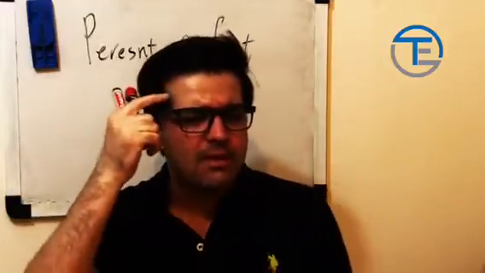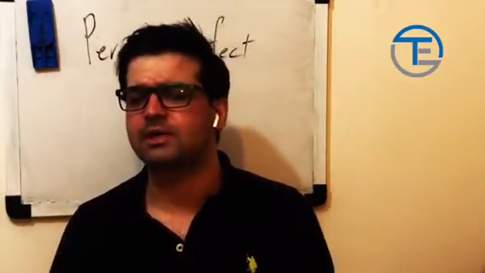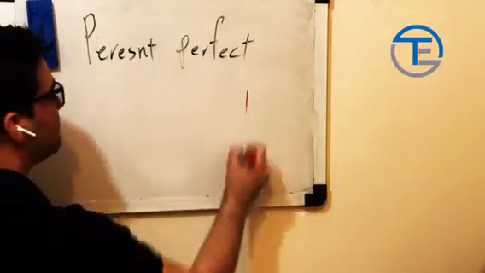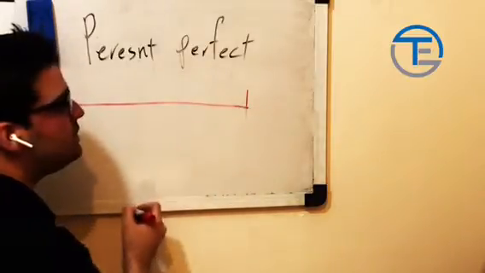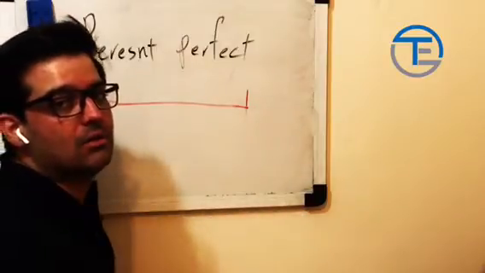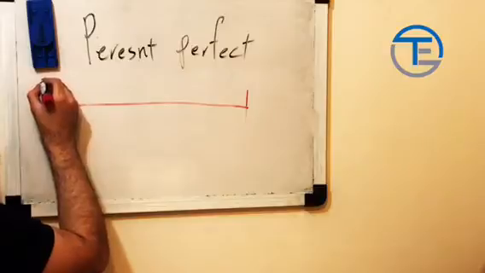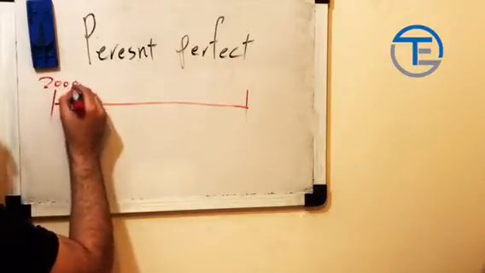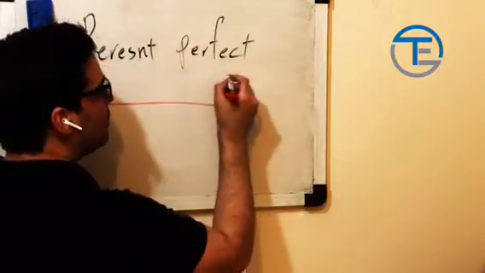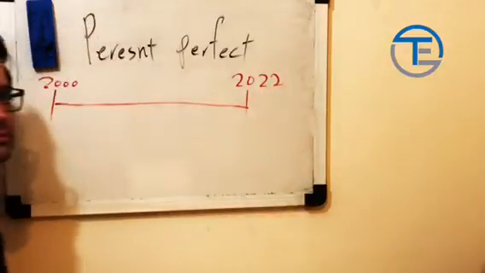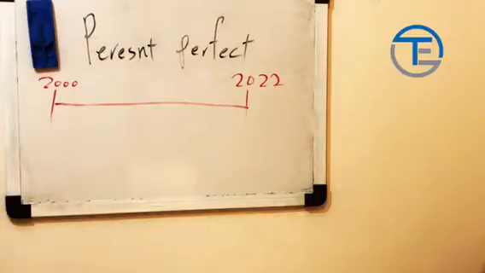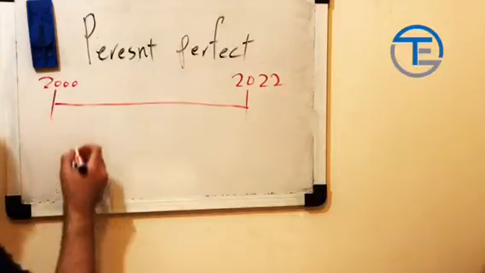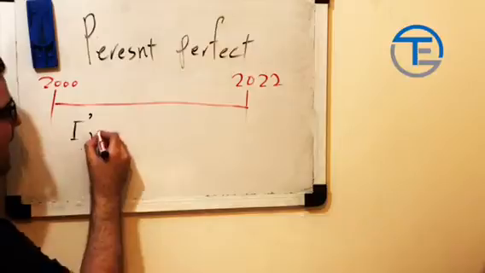Everybody, if you remember, I told you how you can use present perfect. For example, here we have time. It's in the past and continues until now. For example, we say 2000 until now, 2022. And you can make a sentence like this: I've, or I have.